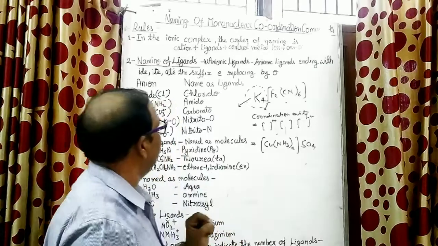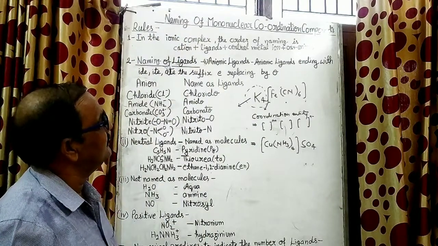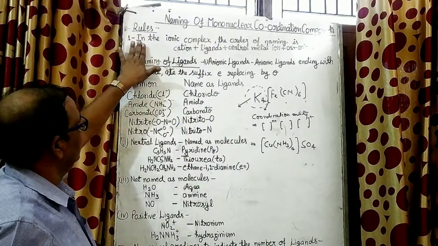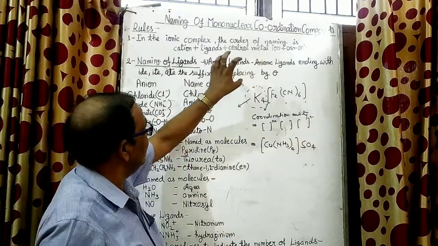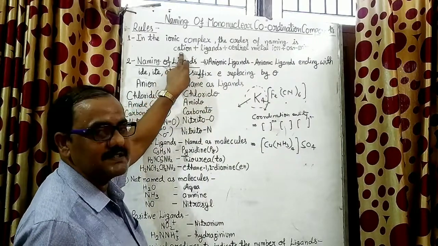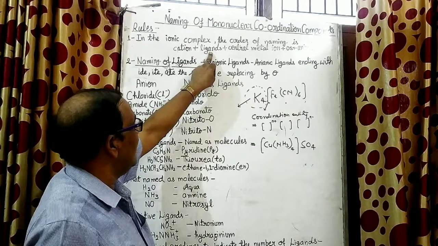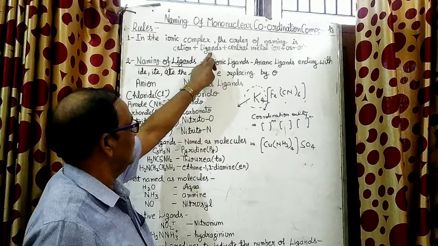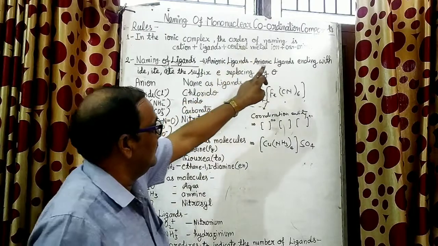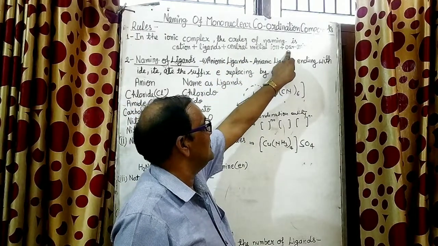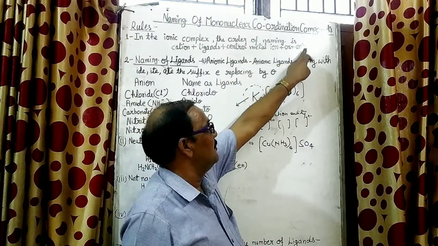Okay, class? And for the naming of the mononuclear coordination compound, especially in the ionic complex, the order of naming is cation name first, then ligands arranged in alphabetical order, then the central metal atom or central metal ion, and then write the oxidation state of the central metal in Roman numerals within a bracket, followed by the anion.